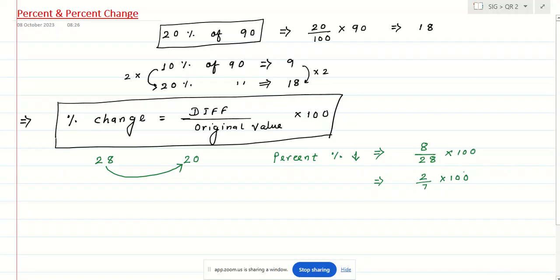So 1 by 7, I know the percentage value. If you work it out, you will get 28 point something. Approximately you'll get 28%. Correct? This is the one expression that we must know before going for the GRE paper, the GRE questions in percentage.